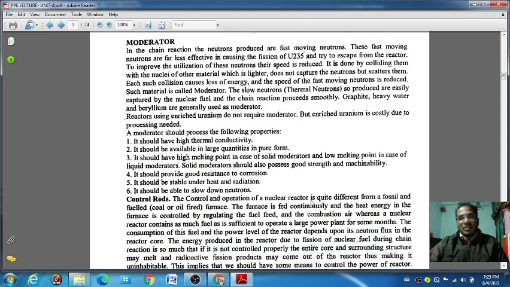What is a moderator? The moderator also plays a role in the chain reaction.